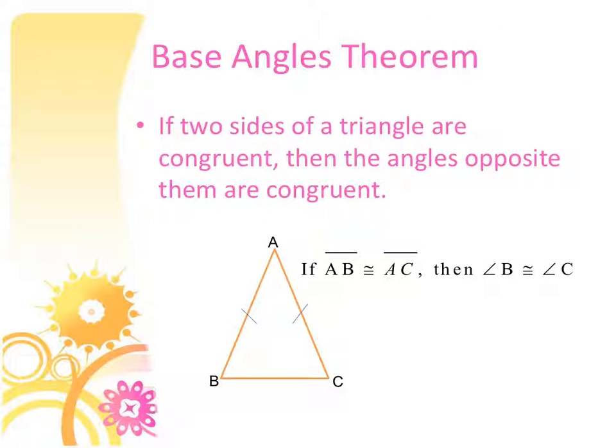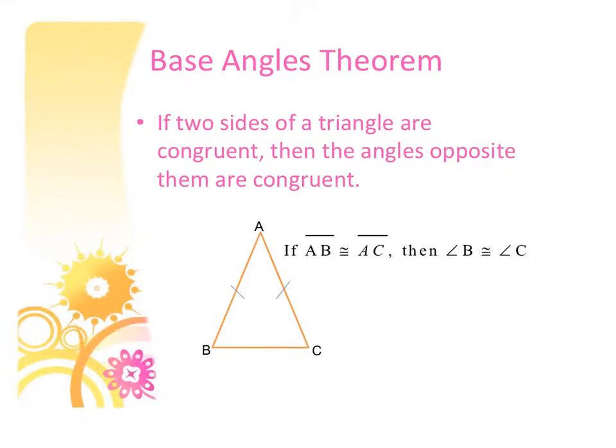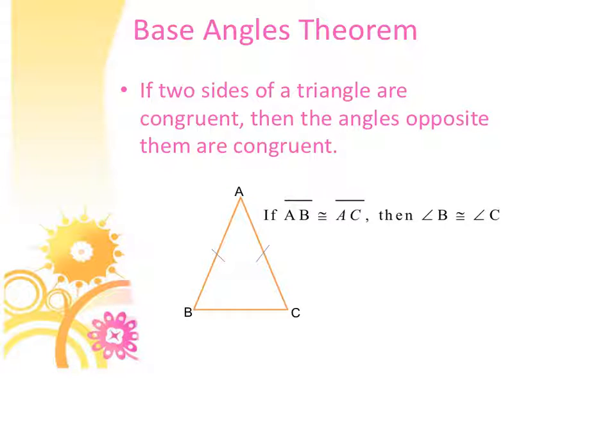Okay, so here is our first theorem of this lesson. It's called the base angles theorem. What it states is if two sides of a triangle are congruent, then the angles opposite them are congruent. So what this tells me is my base angles down here are going to be congruent if the sides opposite them are congruent.